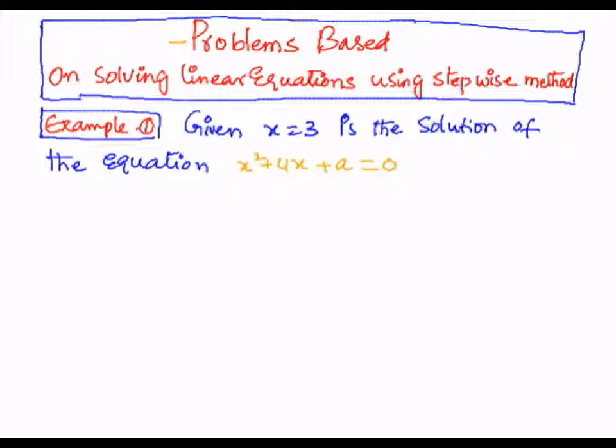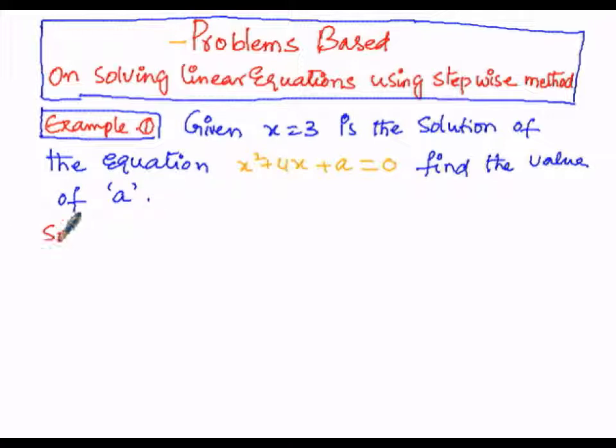So here x is equal to 3 is the solution set of this equation, whereas here a is unknown, x is already given as 3 as the solution set. So we have to find the value of the unknown, that is a.